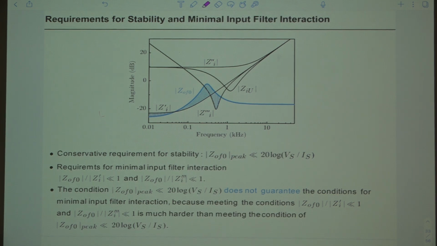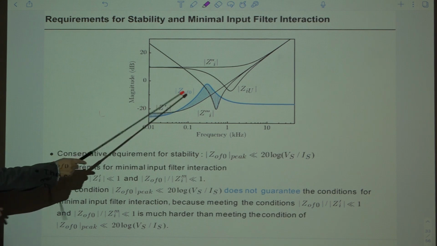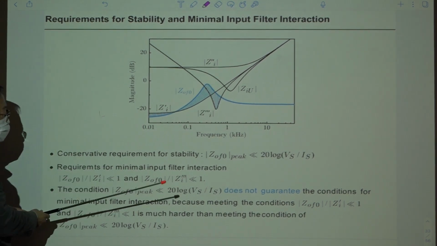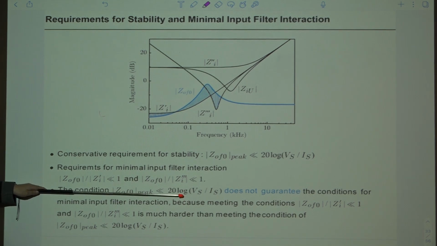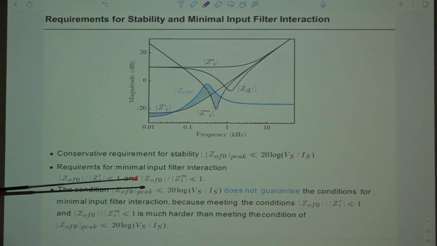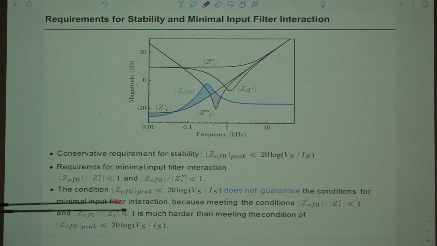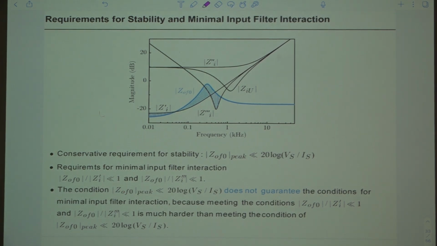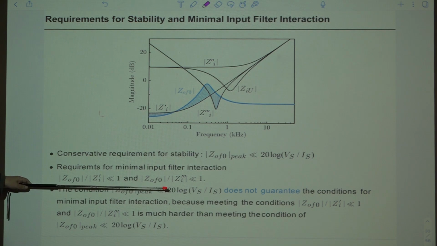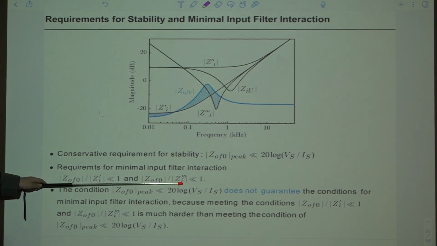Okay. And the requirement for minimal input filter interaction, not having this type of overlap, is this. But it is almost impossible to meet this requirement using just voltage mode control. With current mode control, this is very easy to meet. But with voltage mode control, meeting this one is very hard.